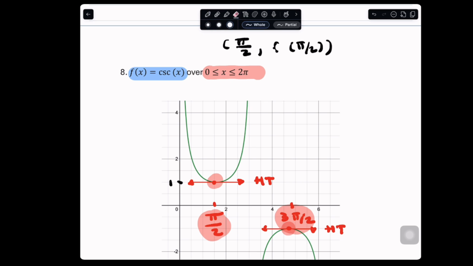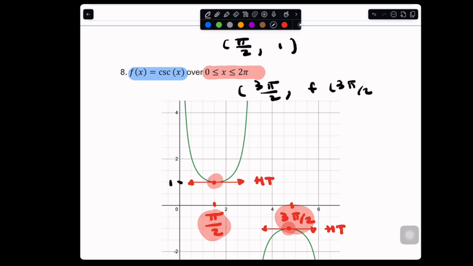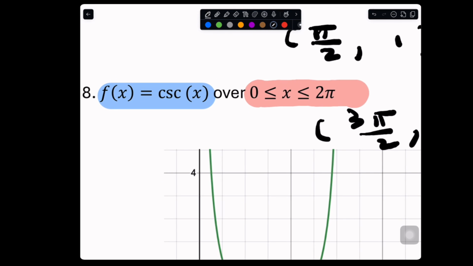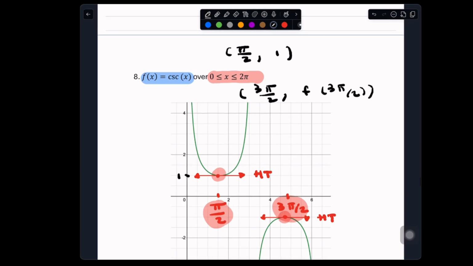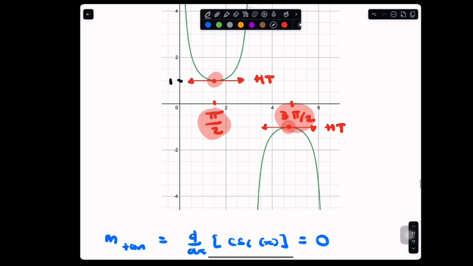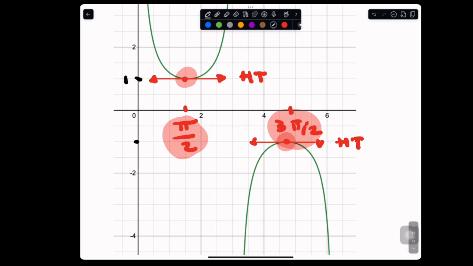So we can write it that way, or we can say this will be 1, and then the second, 3 pi over 2. You can say this will be f of 3 pi over 2. But since the function's cosecant, it's a really simple function. This is going to be -1. We're looking for the location there.